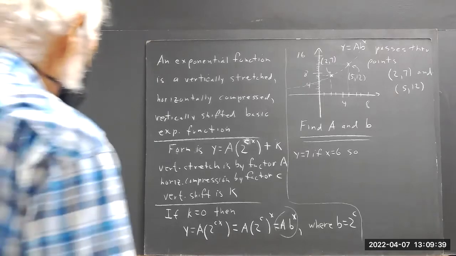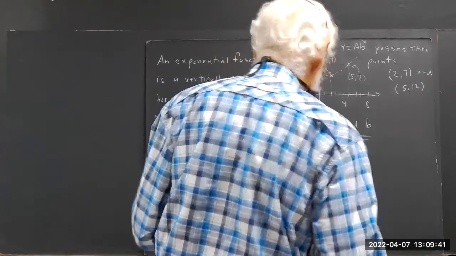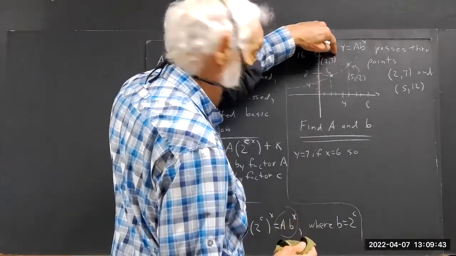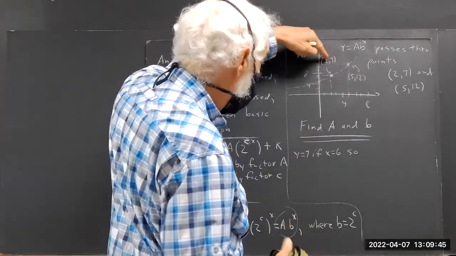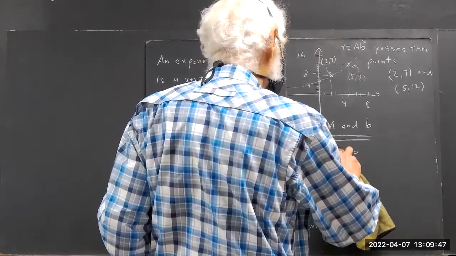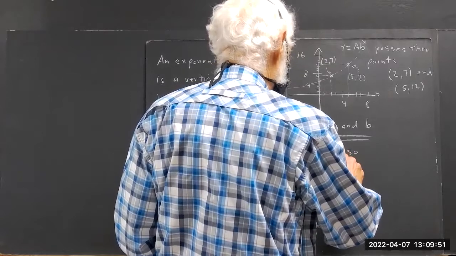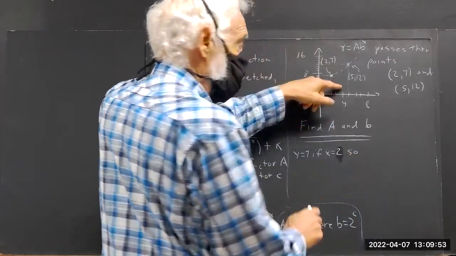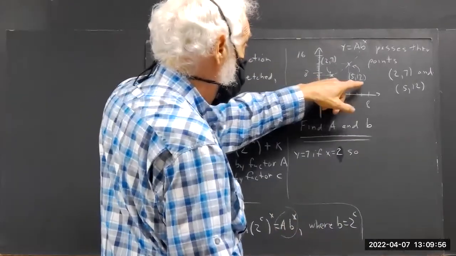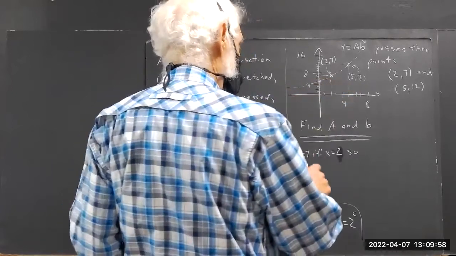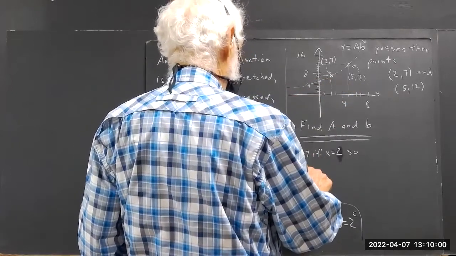Someone is questioning that, and I have no idea why I wrote down 6. Your point is (2, 7), right? So y is 7 when x equals 2, not 6. And then, of course, you're going to have another one: y equals 12 when x equals 5.